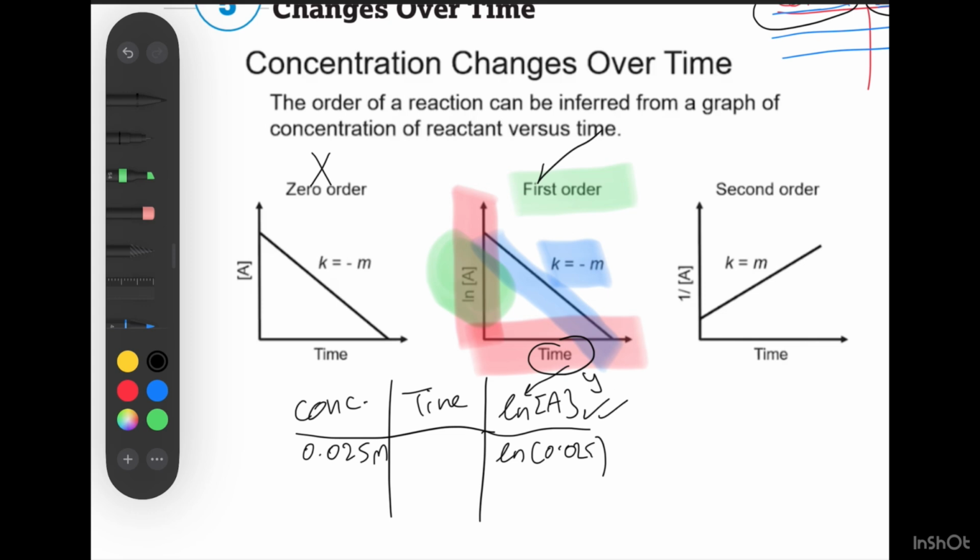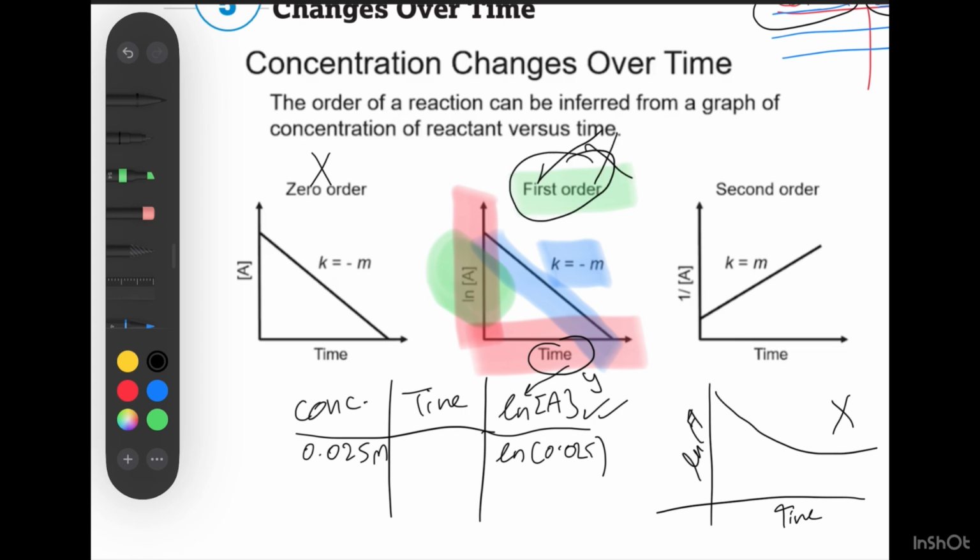But if you didn't have a straight line after plotting the natural log of A with time, then at that point you can say my reaction is not a first order. So we have to jump to the next option, which is a second order. So what should I do at this point? Let's erase the stuff.